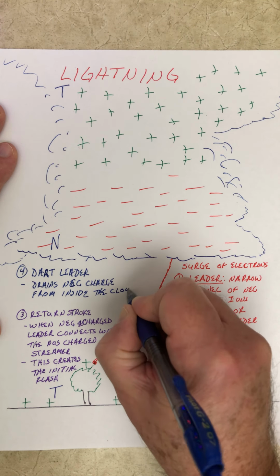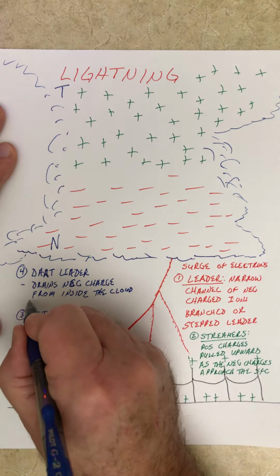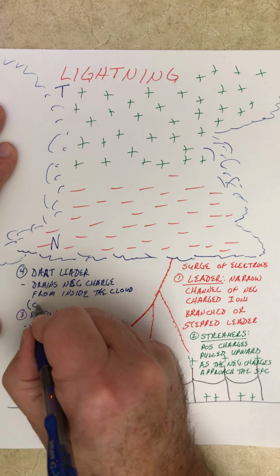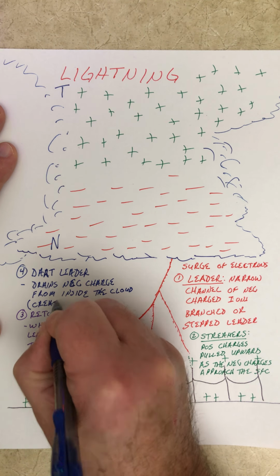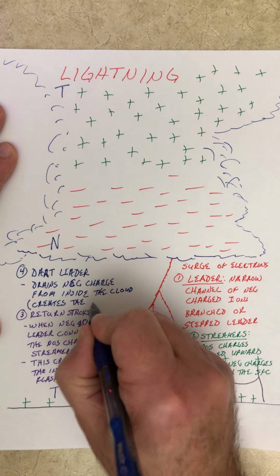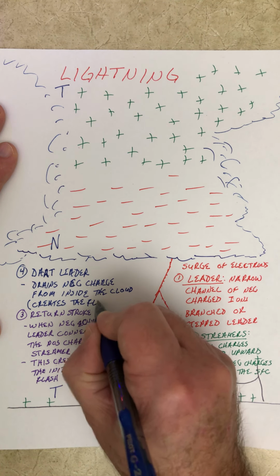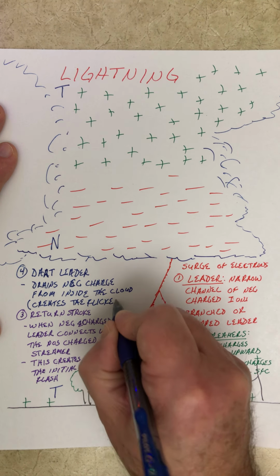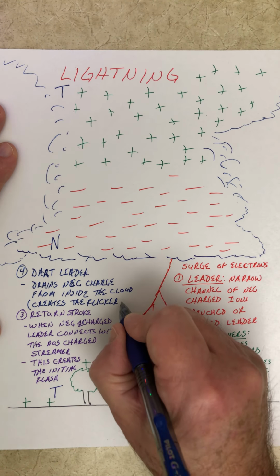Okay, and why I said you're familiar with this is because this is what causes the flickering. So whenever you see a lightning bolt, if you see flickering taking place, that's because of the dart leaders.